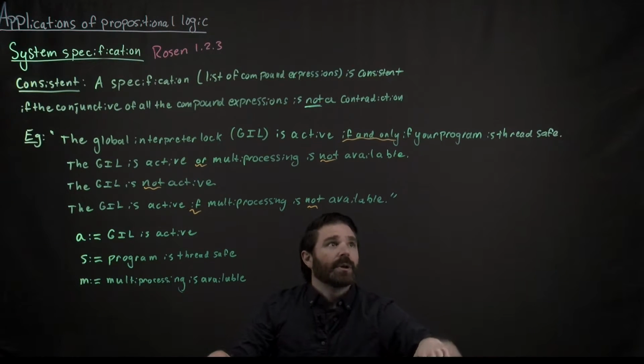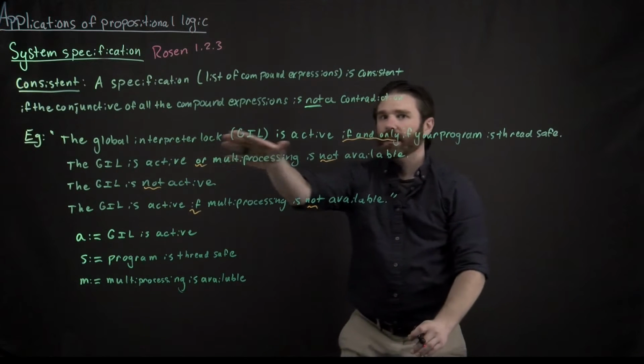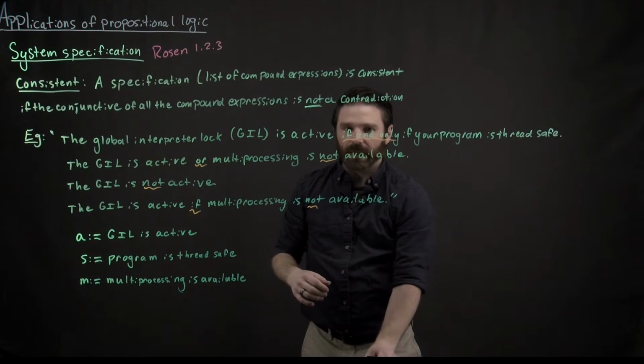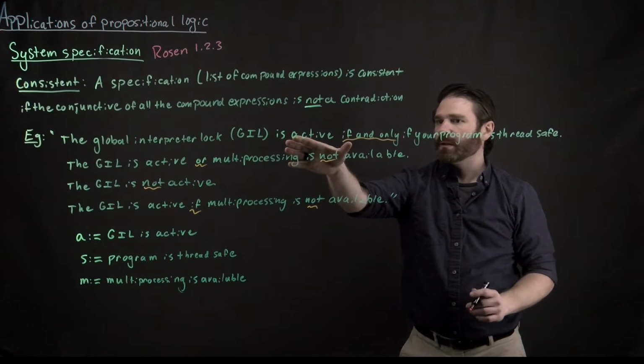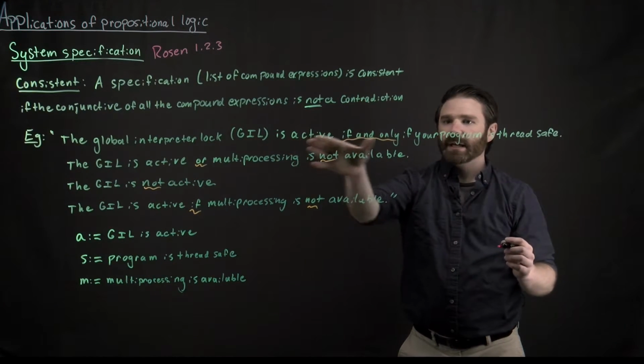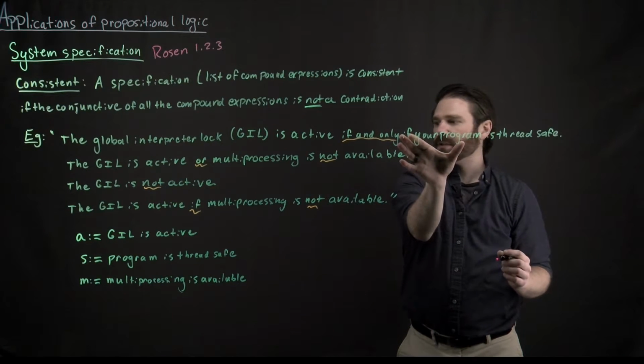So if I were to do that, then this very first one tells me the following. The global interpreter lock is active if and only if your program is thread safe.